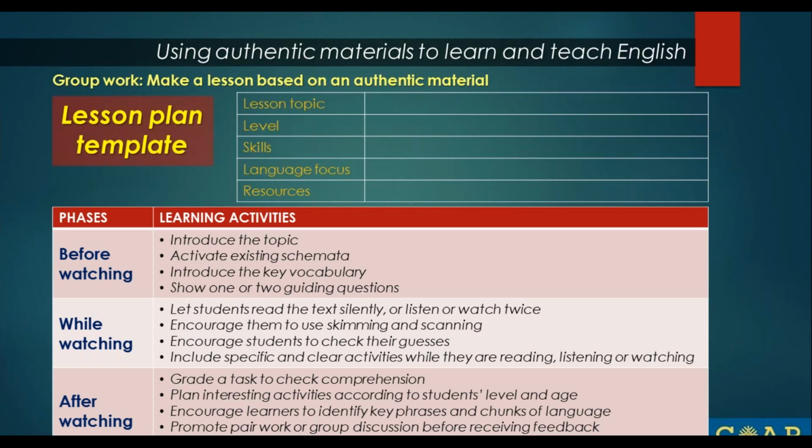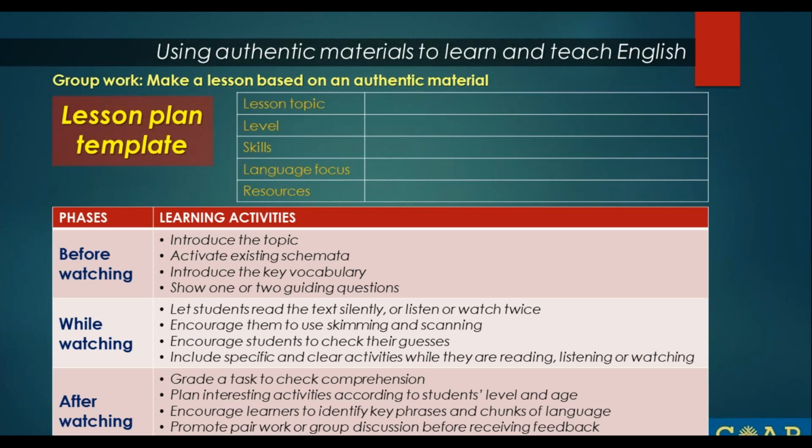Then when they are watching, we should let our students read the text silently or listen or watch twice. Encourage them to use skimming and scanning. Encourage students to check their guesses. We should include specific and clear activities while they are reading, listening, or watching.